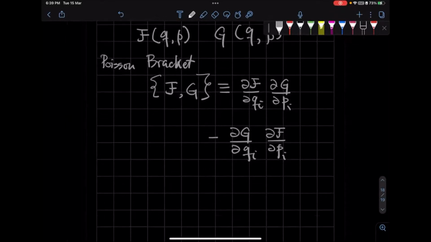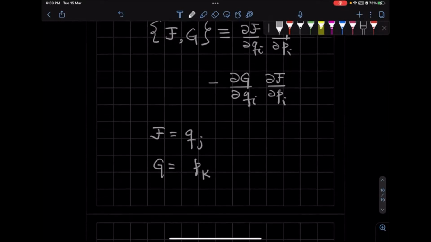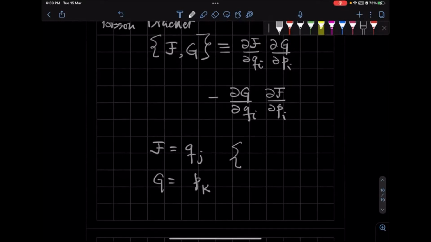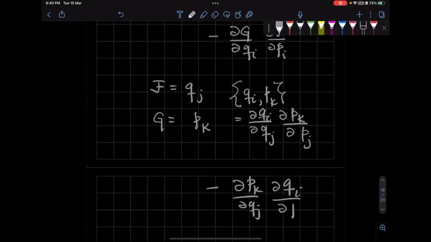And of course, if I take f to be, say, qi, and g to be, say, pk, then {qi, pk} is going to be the derivative of qi with respect to, say, qj, times the derivative of pk with respect to pj, and then minus the derivative of pk with respect to qj, times the derivative of qi with respect to pj.